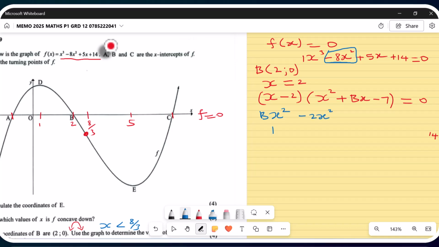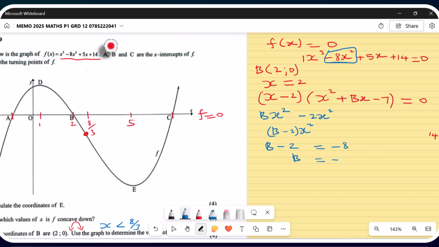And so I can end up getting my b by saying b equals negative 8 plus 2, which is giving me negative 6. So in other words, now I'm solving x minus 2 to get the roots into x squared, then minus 6x now, because my b is now negative 6, then minus 7 equals 0.